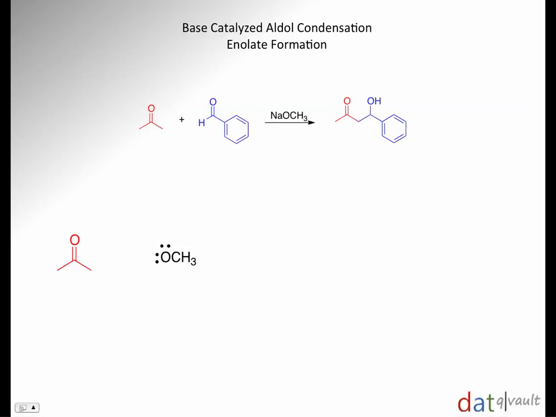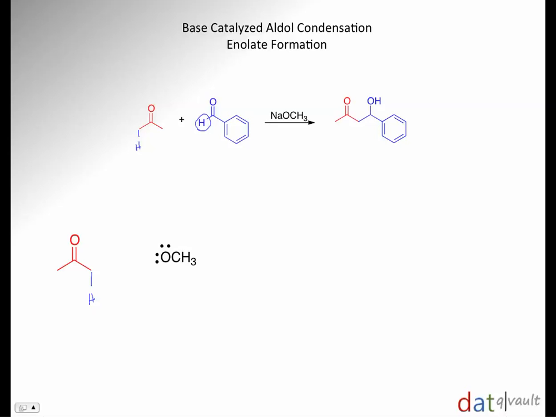The aldehyde over here, benzaldehyde, this hydrogen right here is not very acidic because once it's deprotonated, it does not have a very good resonance structure. But acetone right here, if you deprotonate this hydrogen, it does have a resonance structure, so this will be the carbonyl that the base will actually react with.